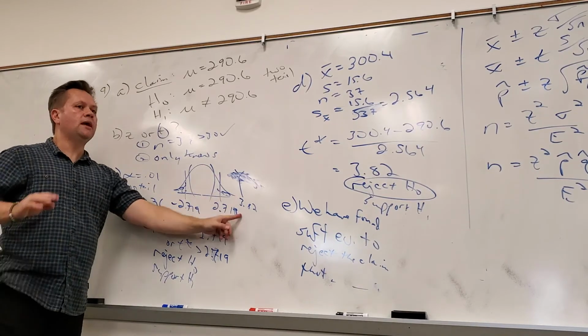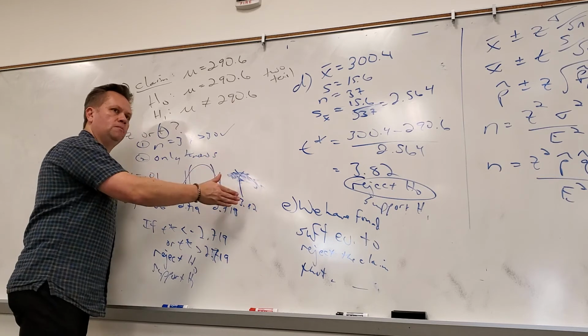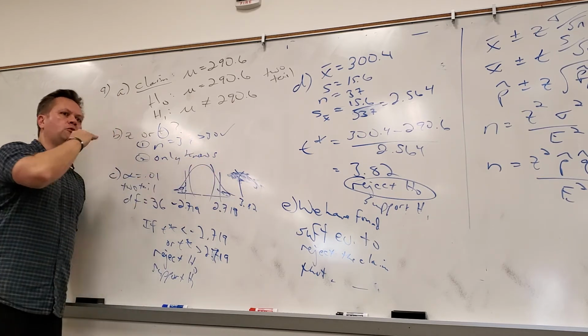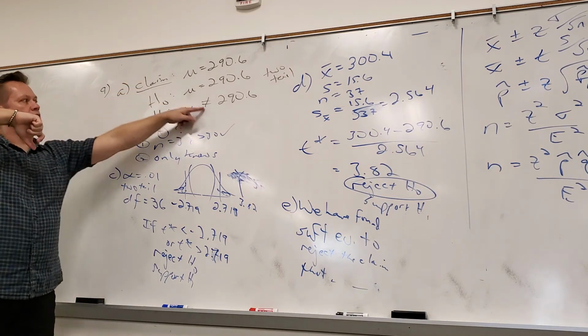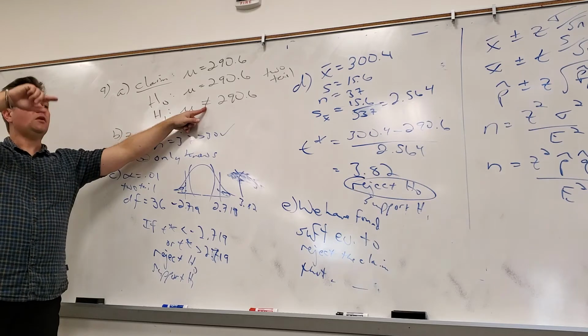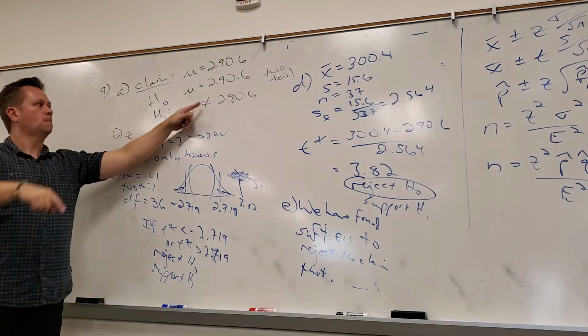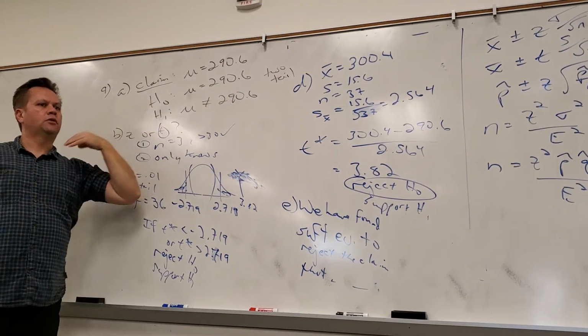So we made it. I'm not going to say we have not found anything because we made it in. We succeeded. It's only if I don't make it in that I would ever say we have not found. So if the claim would have actually been this, the conclusion would have been we have found sufficient evidence to support the claim that the means are different, because that's what the claim would have been then.